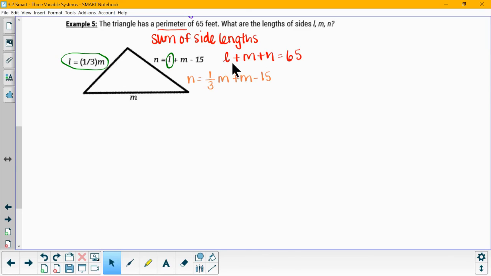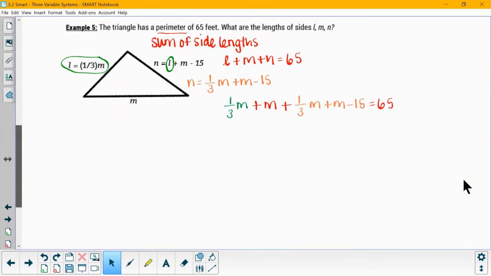So I'm going to use my perimeter equation and replace L and replace N with the actual rewriting. So I have 1/3 M coming from the L side length plus M plus 1/3 M plus M minus 15, which is side N, equals 65.